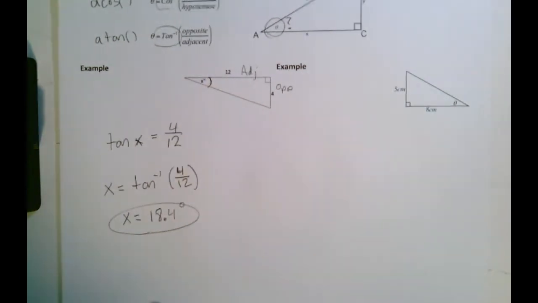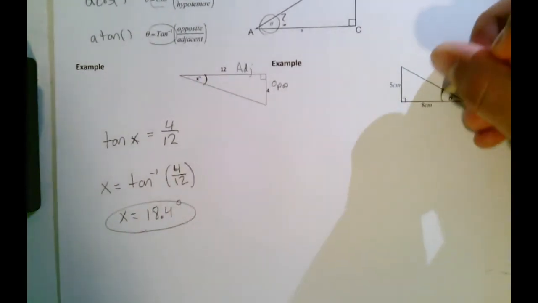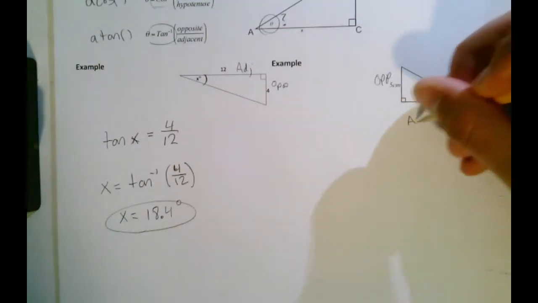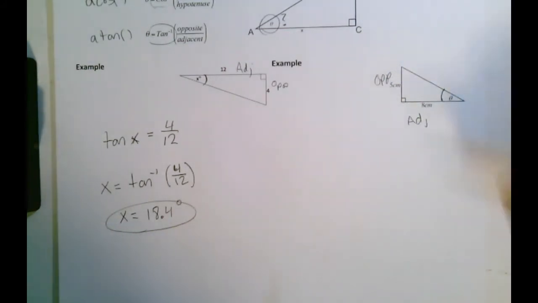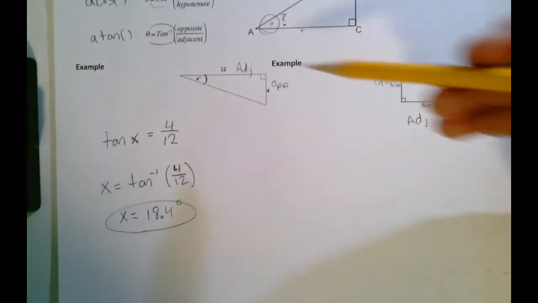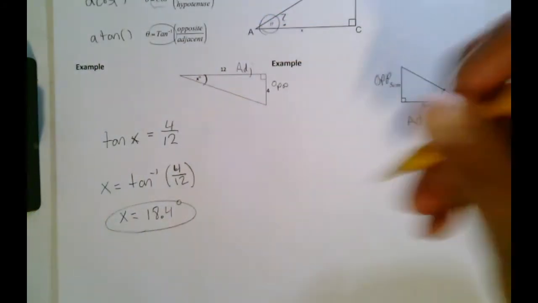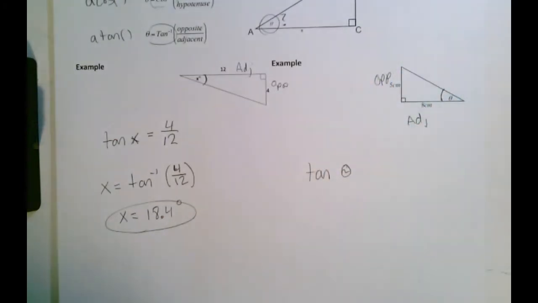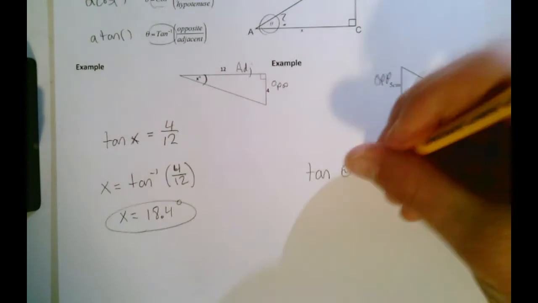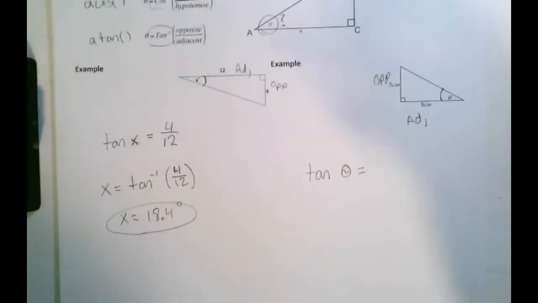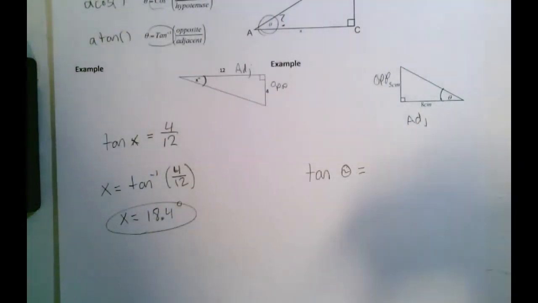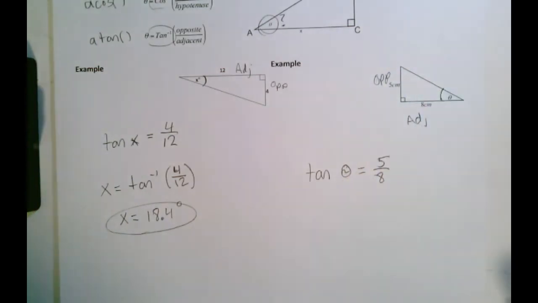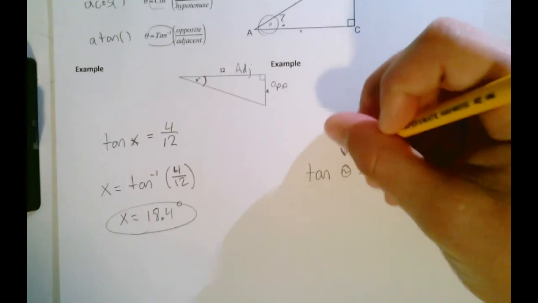Again, you're going to notice that we're missing an angle measure, theta, and I have opposite and adjacent. So one more time, I'm going to use opposite and adjacent, which means tangent. Remember, theta is just a Greek symbol for angle measure. Just use this or x, whichever you want. Then the relationship is 5 over 8 if I want to set this up. Again, I'm missing this piece of information.